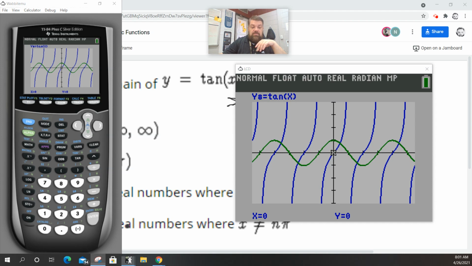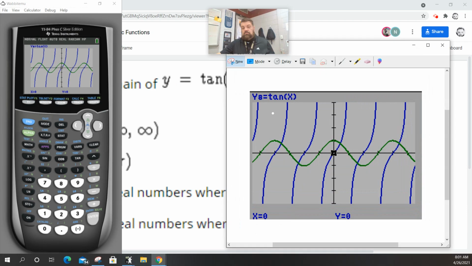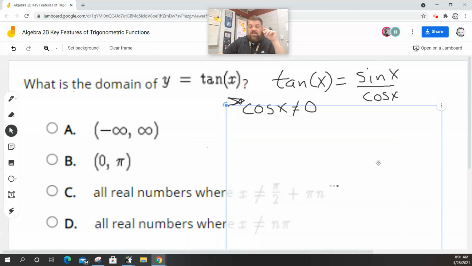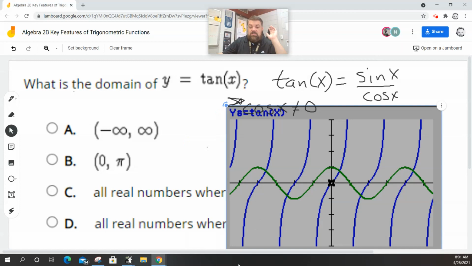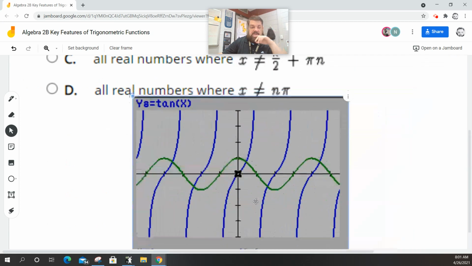So in blue I have tangent, and then I graphed cosine right along with it because I want you to see this. So let me bring this down here so you guys can see it a little better.